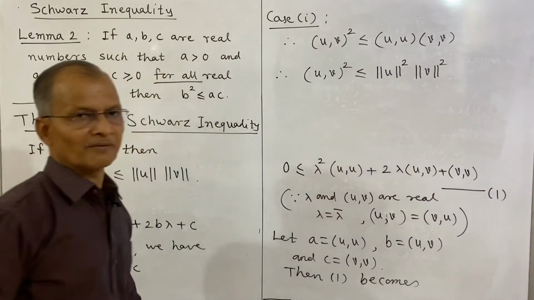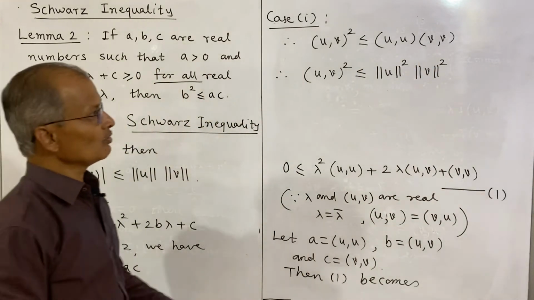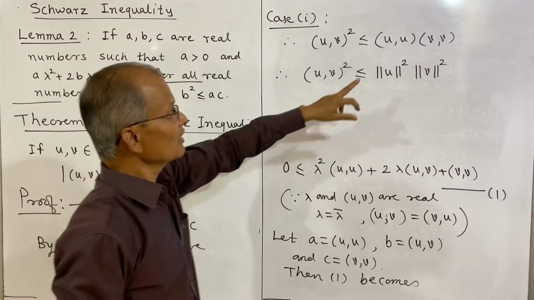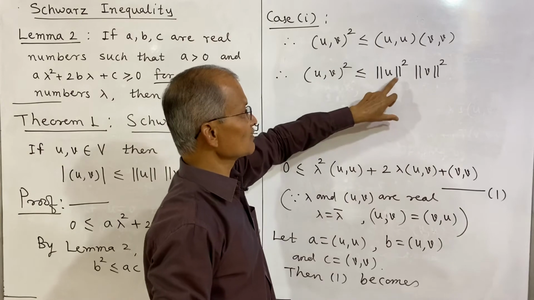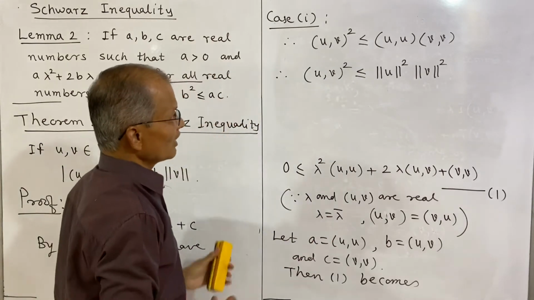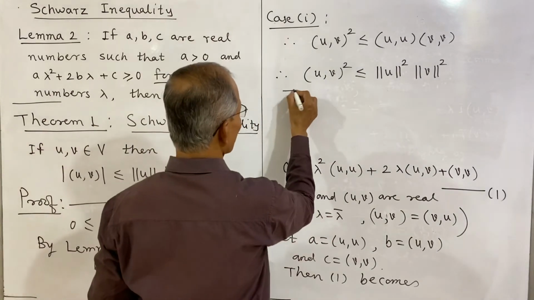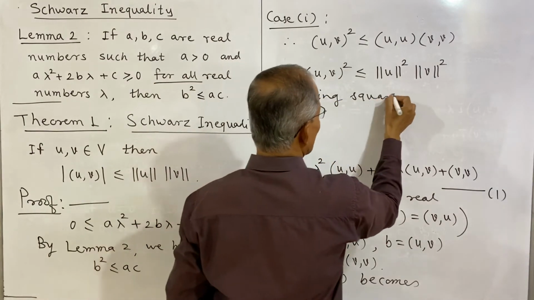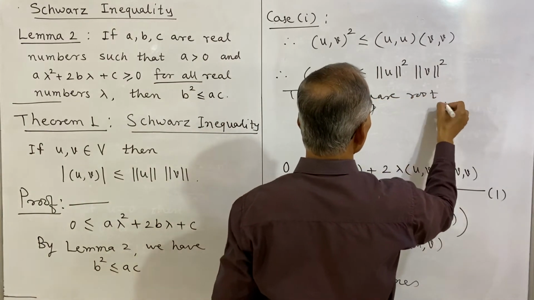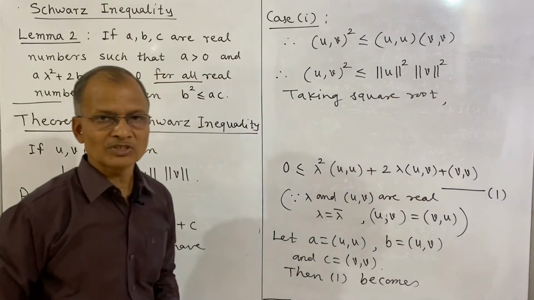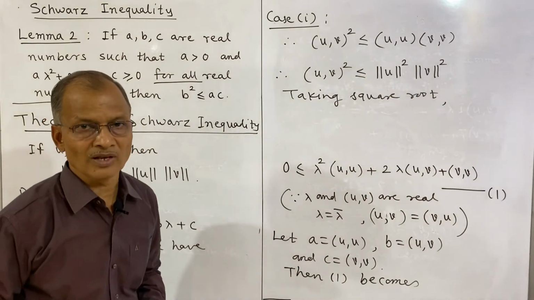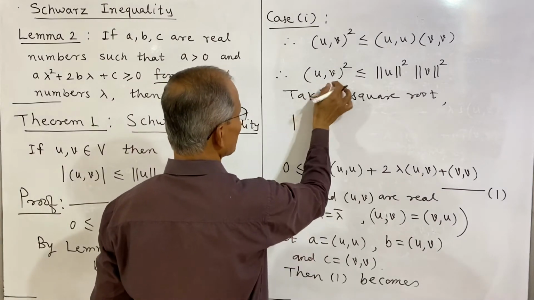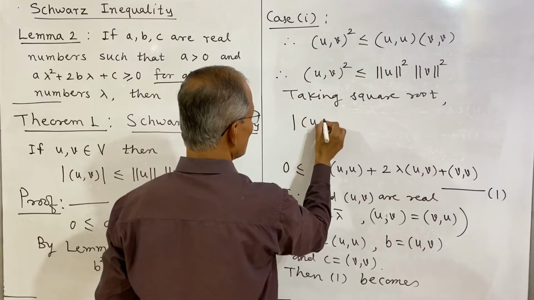This is the direct definition of norm u. Norm u is under root of inner product of u with u, and therefore inner product of u with u is square of the norm u. And now we take the square root, and while we take the square root, these are lengths, and therefore we shall have to consider the positive value of the square root, and that means the absolute value of the inner product of u and v.